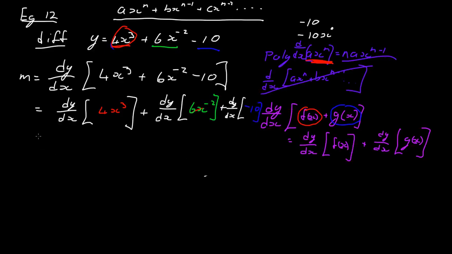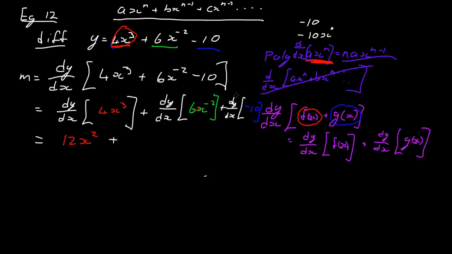So let's do it. Dy by dx of 4x cubed is, based on our polynomial rule, all you do is take the power down in front and multiply, so that is 12x, and we reduce the power, 12x squared. Then we're going to go plus.